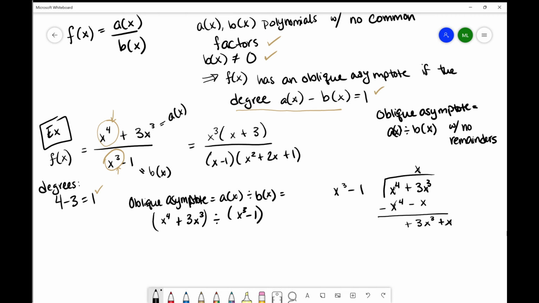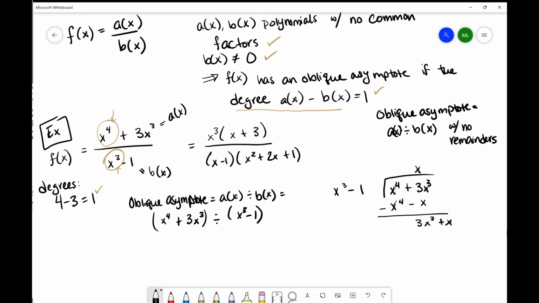Alright, that's our answer. We don't need to put a plus in front of the 3x cubed. So 3x cubed minus negative x, so that's 3x cubed plus x. That's our final answer.